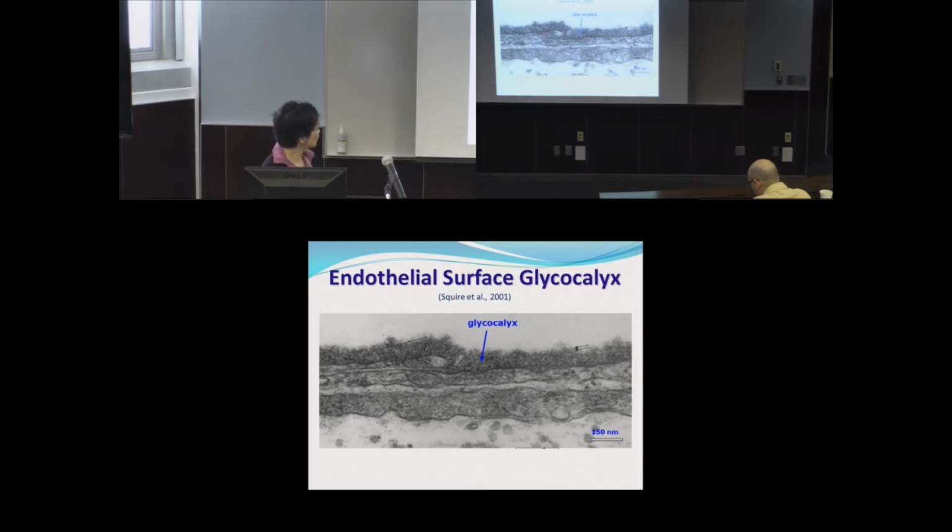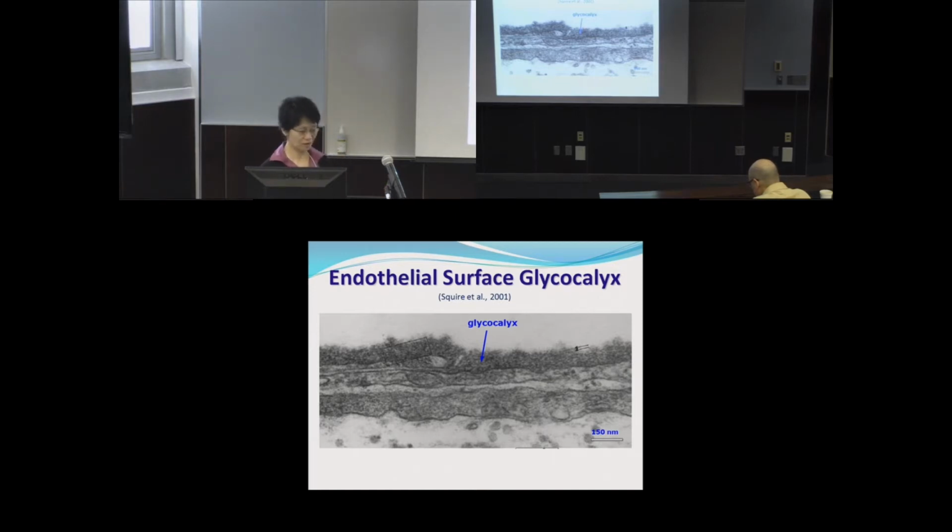This is an image from electron microscopy from Squaranto in 2001. This is the surface glycocalyx on the post-capillary venule of rat mesentery. And from this scale, 150 nanometer, you'd guess roughly the thickness of this layer is 100 nanometer.